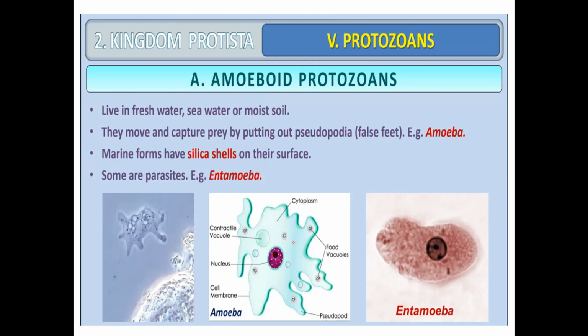So write this point, the second one: they move and capture their prey with the help of pseudopodia. Pseudopodia means false feet. So you can see this is pseudopodia. This one will also be pseudopodia.